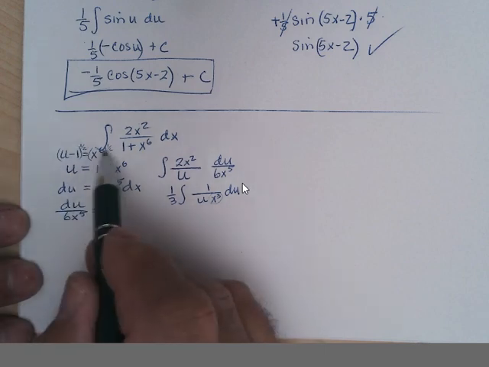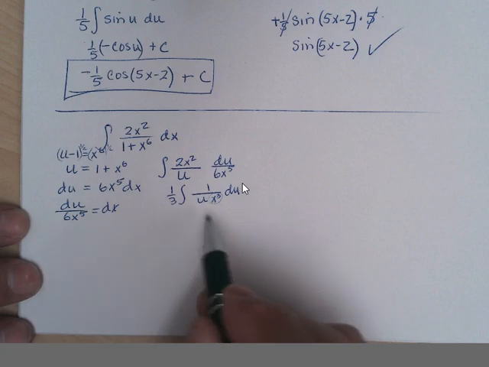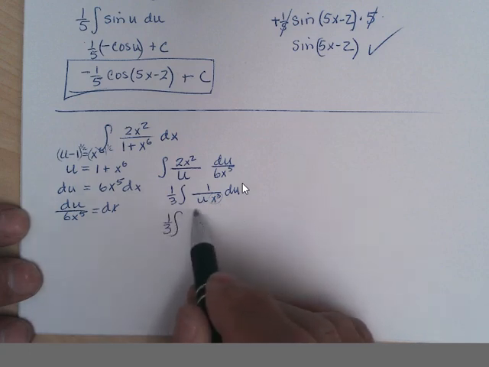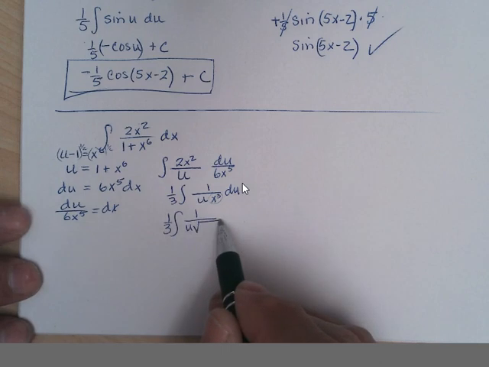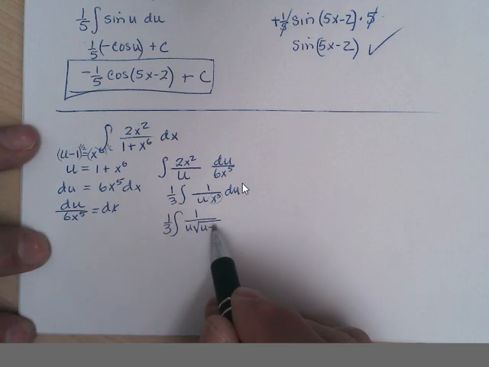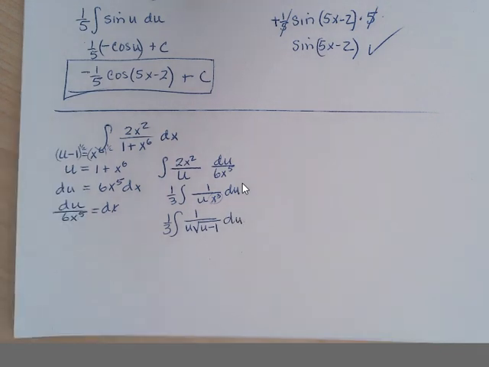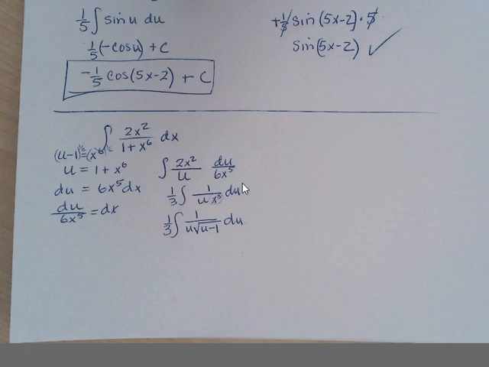And that would change this to x to the 3rd, and this could be replaced by 1 over u times the square root of u minus 1. But that doesn't look like anything I know how to do right now. So I might try something else.